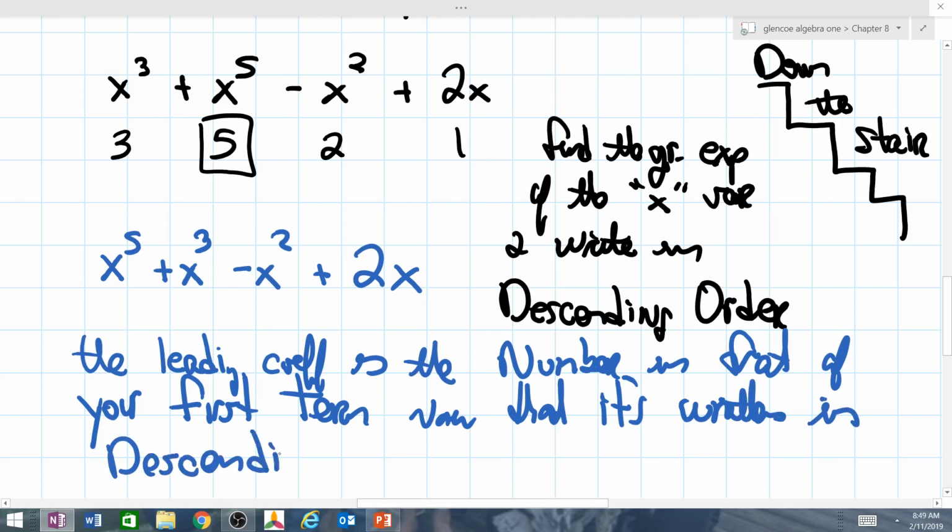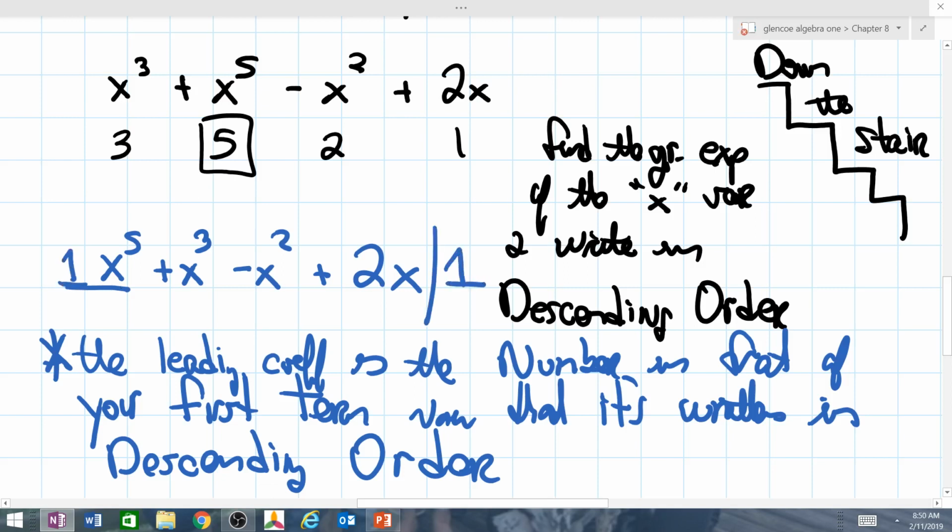Does that make sense? Yes? Okay, so what's the leading coefficient? What is the number in front of the x to the 5th power assumed to be? It's a 1. So the leading coefficient here would be 1.